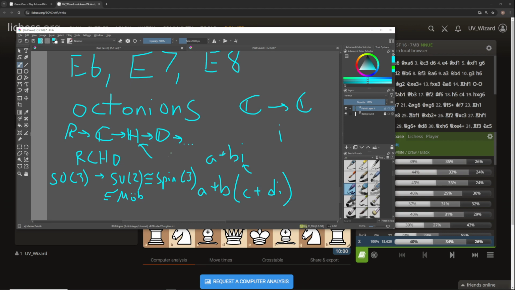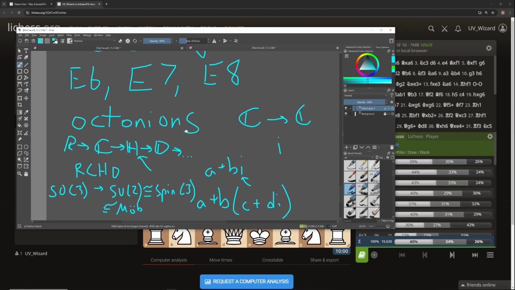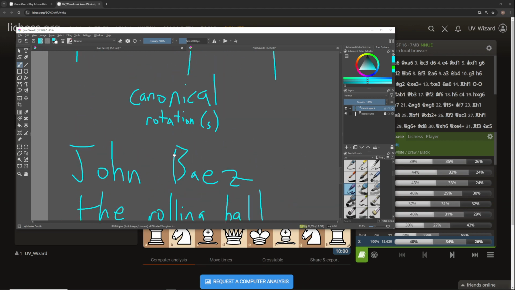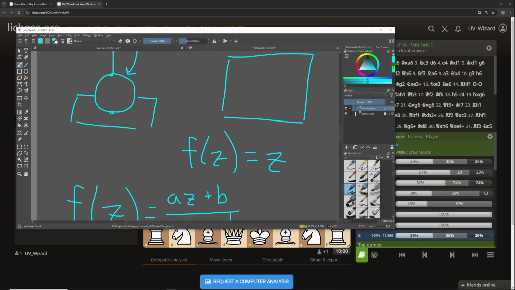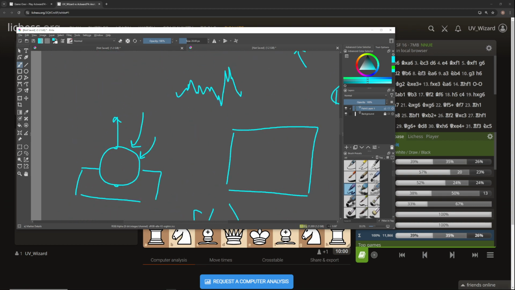Well, I think what you might want to think about imagining is this rolling Riemann sphere rolling on another Riemann sphere. Weird, huh? Very weird. And this is what I mean is the rolling ball that John Baez is talking about.